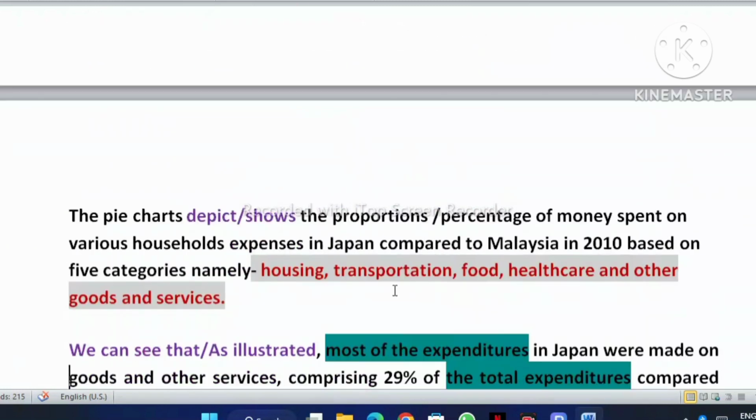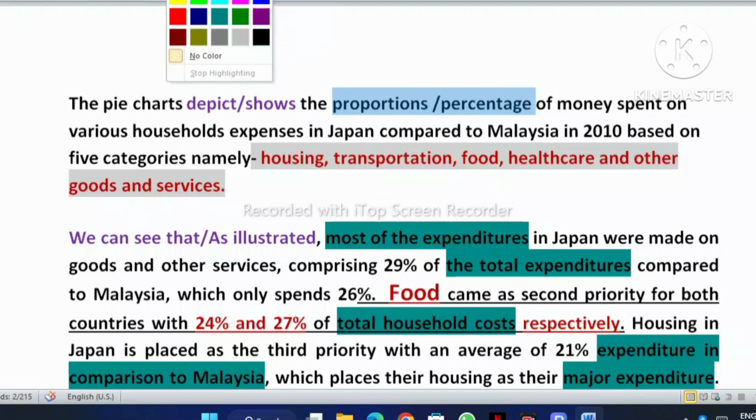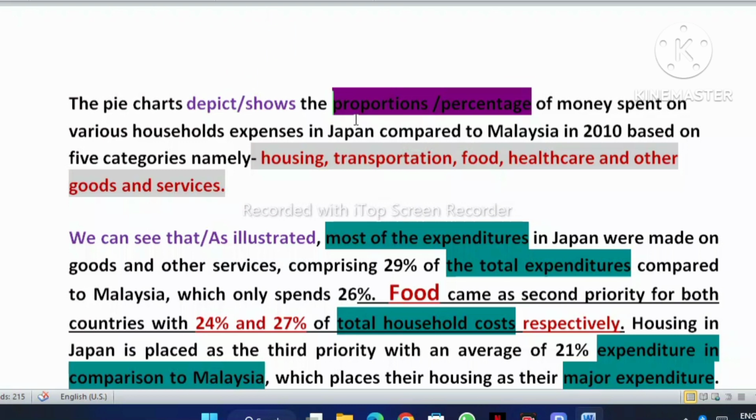In our sample answer, we are first supposed to rephrase our question. The pie chart depicts or shows, you can use one word from here, the proportion and percentage. These are also two words that you can use here to show the money spent on various household expenses in Japan compared to Malaysia in 2010 based on five categories.